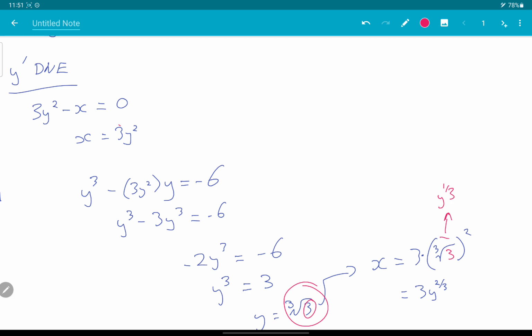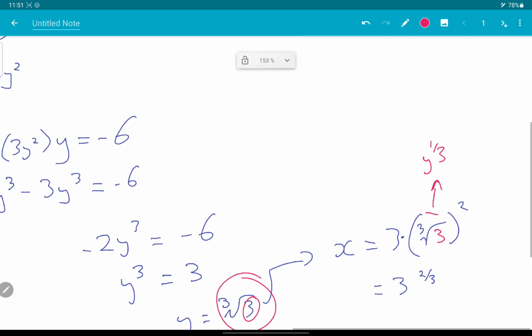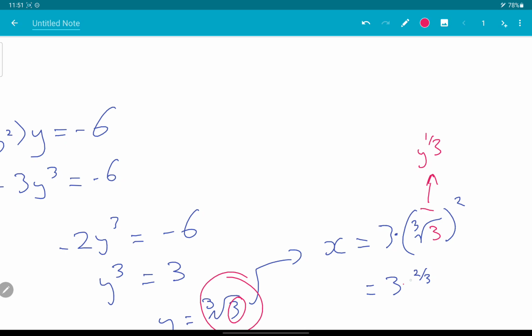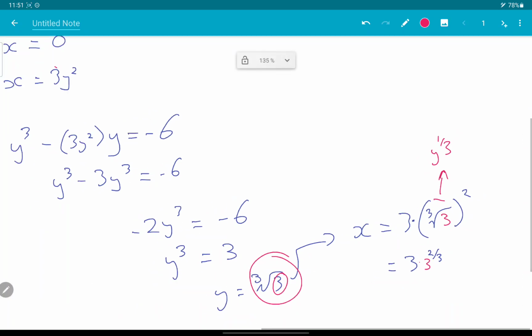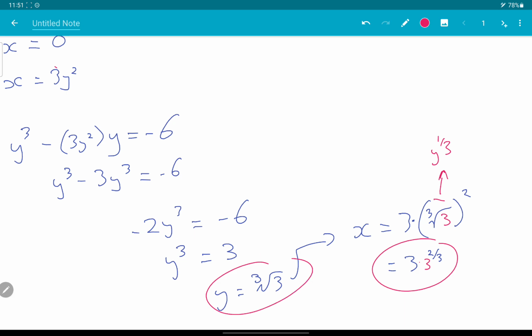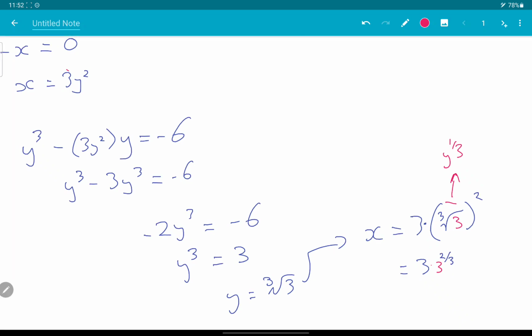And this should be a 3 dot 3 to the 2/3. Sorry about that. Okay, so there's my x value, there's my y value. That's the point at which I have a vertical tangent line.